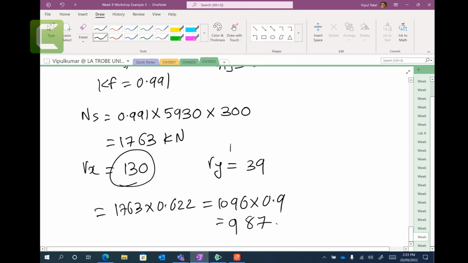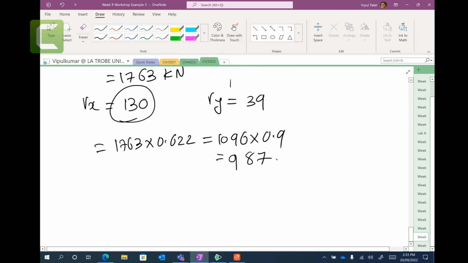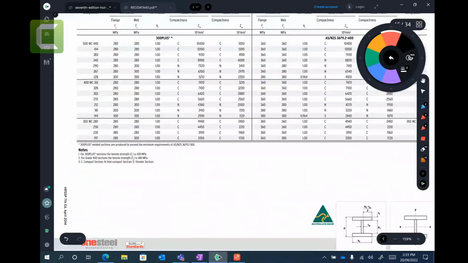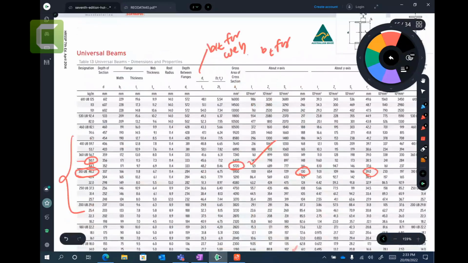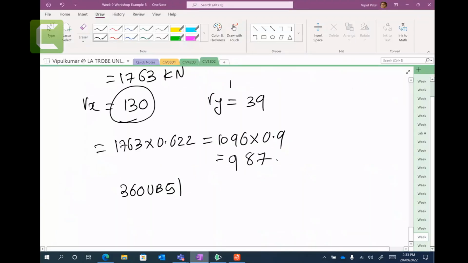So we need to go one more higher. So we can try 360 UB 51 or 44.7. 50.7 we can go. We can try 50.7.